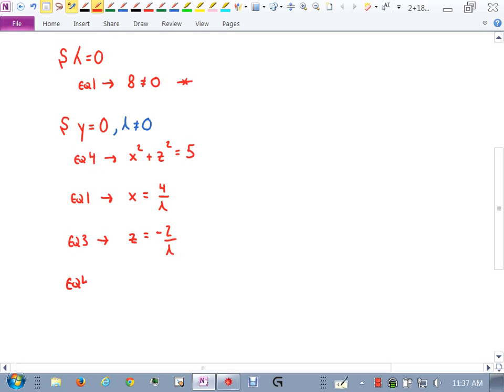Then back to equation 4, x squared would be 4 over lambda squared, plus z squared is negative 2 over lambda squared. That must be equal to 5.